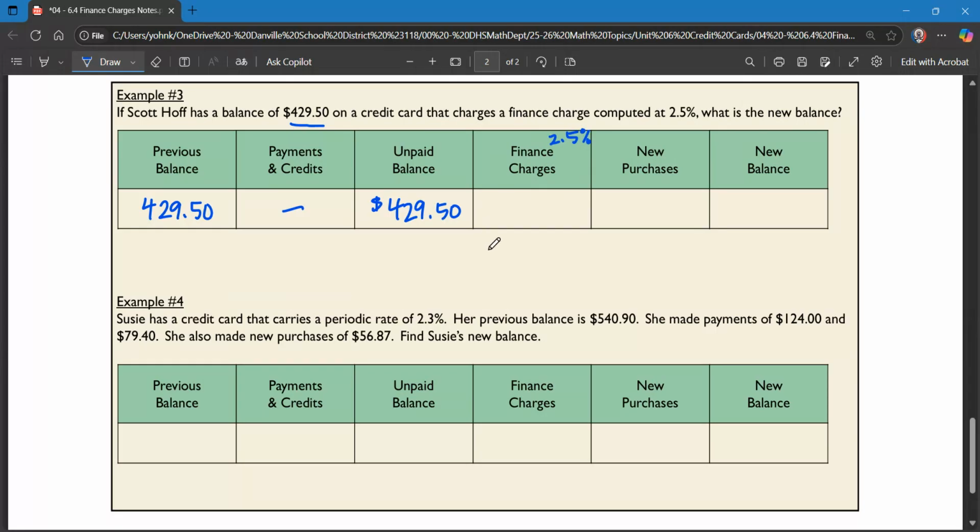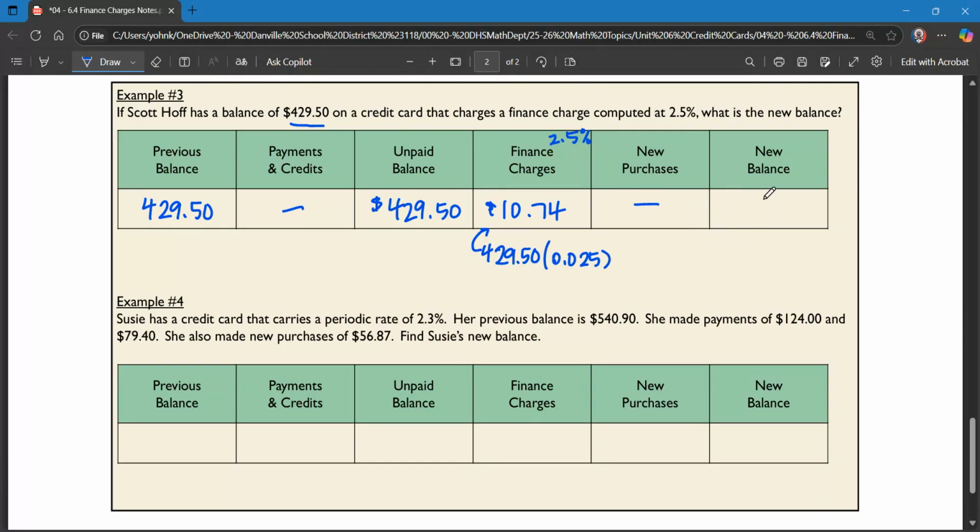To calculate a finance charge, I'm going to take the $429.50 and multiply by 2.5% as a decimal, so 0.025. This is going to give me my finance charge, which is $10.74. New purchases, I do not have any new purchases, so that is going to go away.